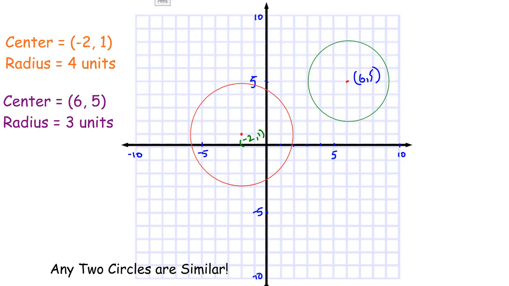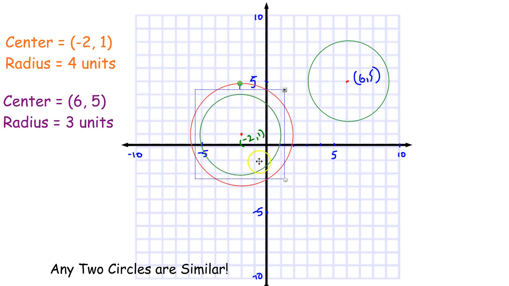Now the question here is, what is their shape? How do they appear? Even though they have different centers and different radii, you see that the shape of the first circle is the same as the shape of the second circle. Now let me take it inside here. It is exactly the same.